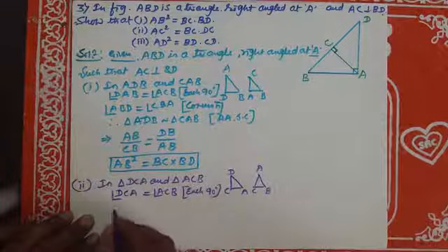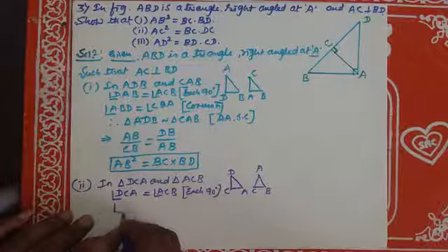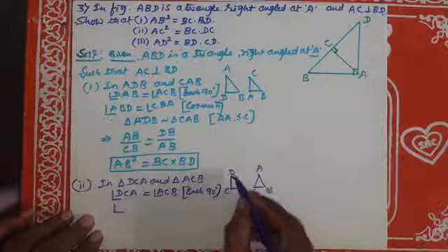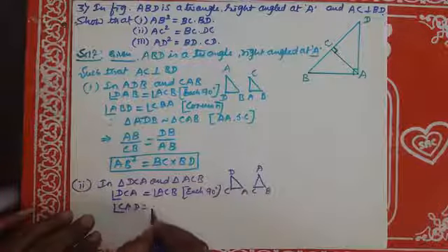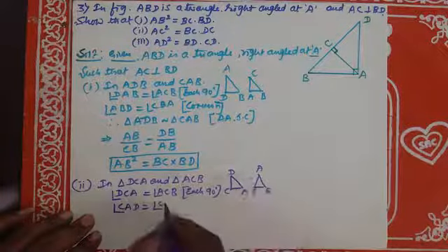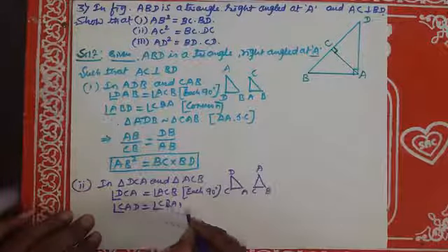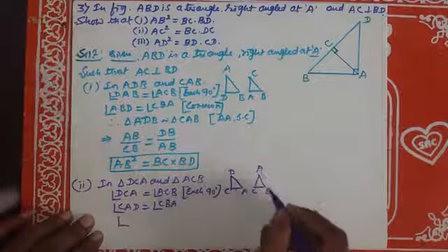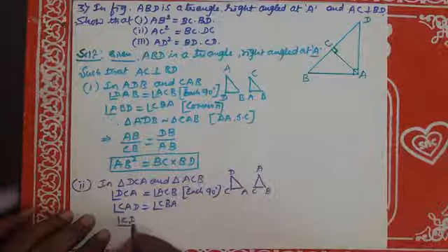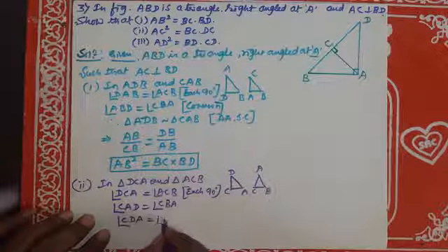Next, angle CAD is equal to angle CBA. Next one, angle CDA is equal to angle CAB.